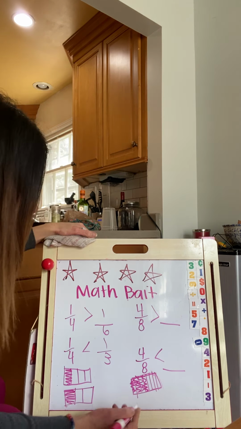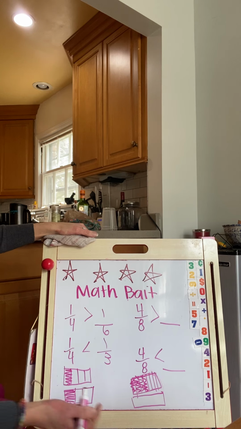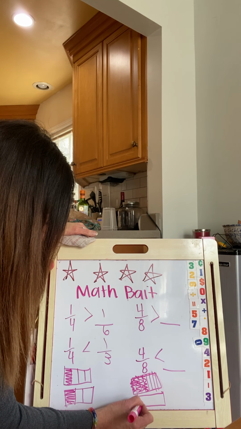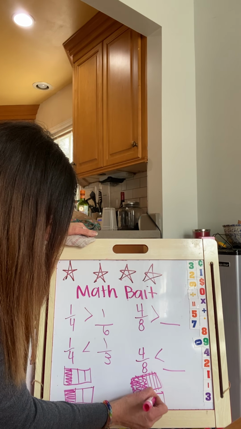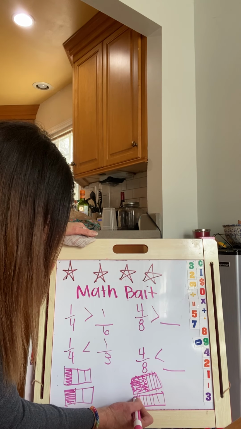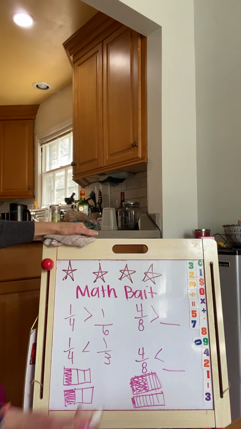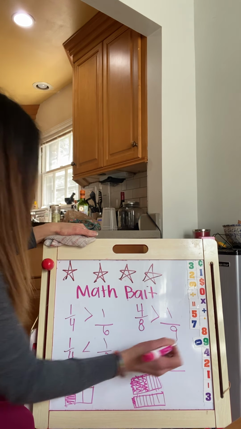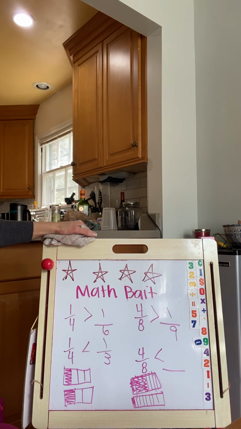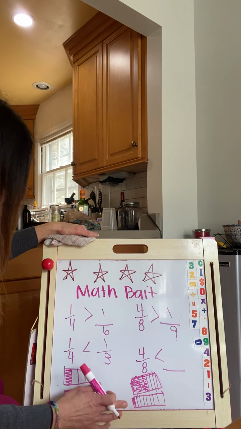I could break this one up now into 9ths and show 1, 2, 3, 4, 5, 6, 7, 8. So that's 9ths, and I could just do 1/9, right? So 4/8 is going to be definitely more than 1/9.